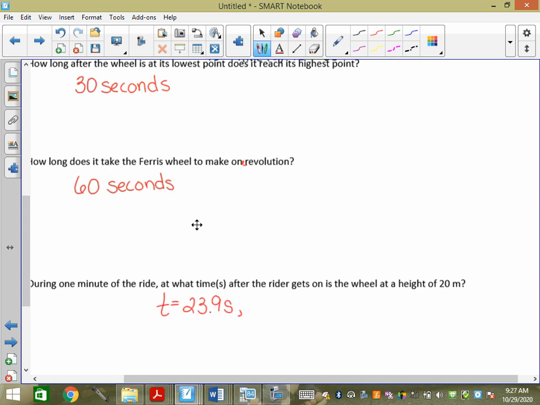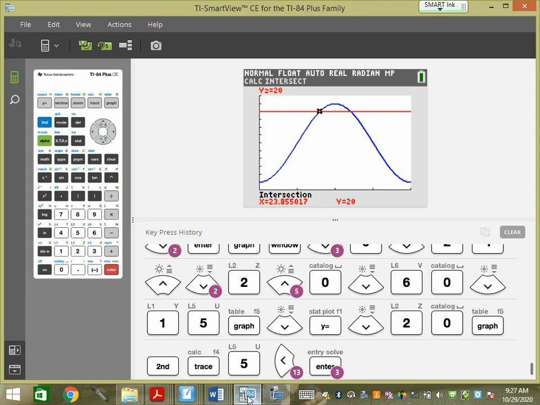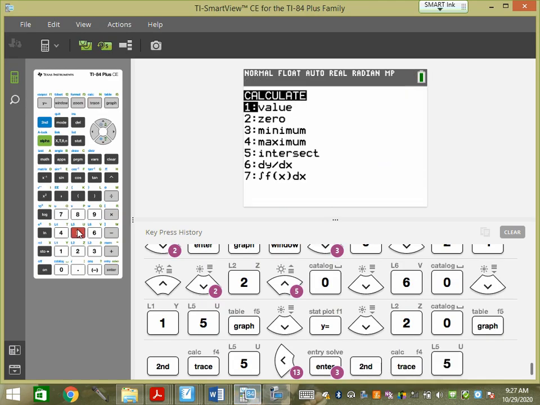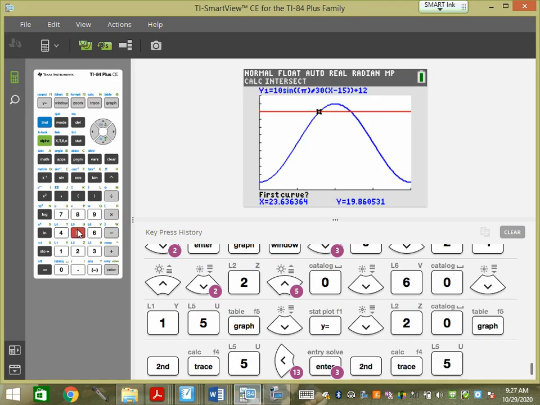T equals, and second trace 5. People will just hit enter, enter, enter again, and they call me over and they're like, it doesn't work. You're going to keep finding the same intersection unless you move to the other one, right? So you can take the path least traveled and follow the top, or, I didn't know this in high school, if you arrow up or down, it bumps onto the other line and it can go faster.